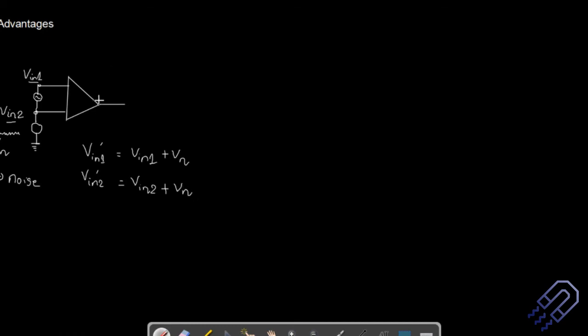But on this end, the signal that is getting amplified is the difference between these two. So if I take the difference between these two, let's say Vin1 dash is greater, I just take the difference, Vin1 dash minus Vin2 dash, which is equal to Vin1 minus Vin2.